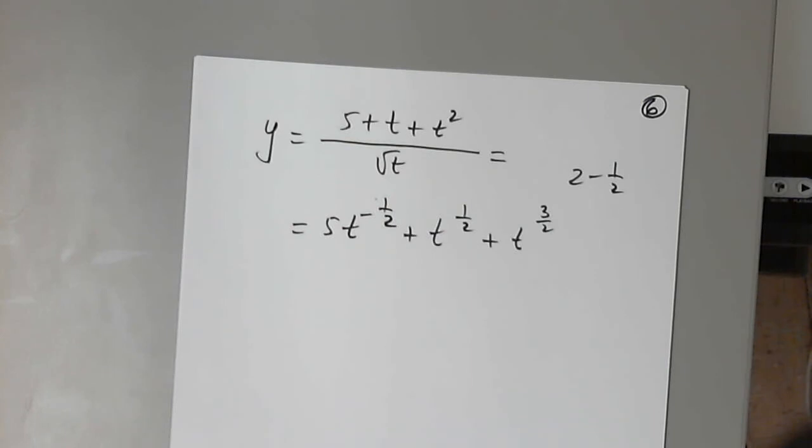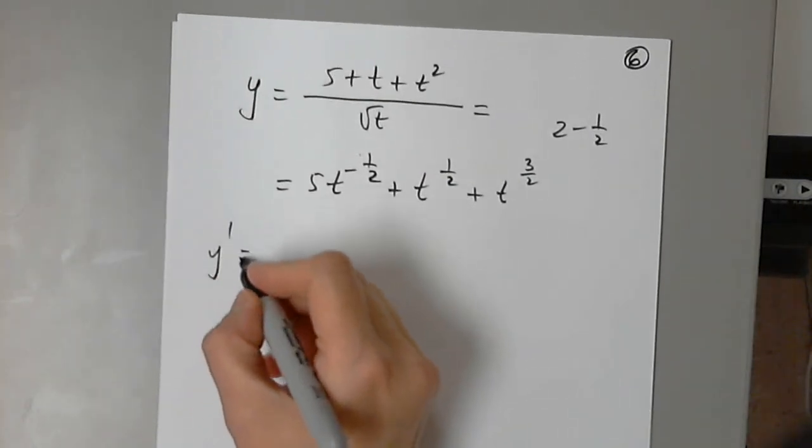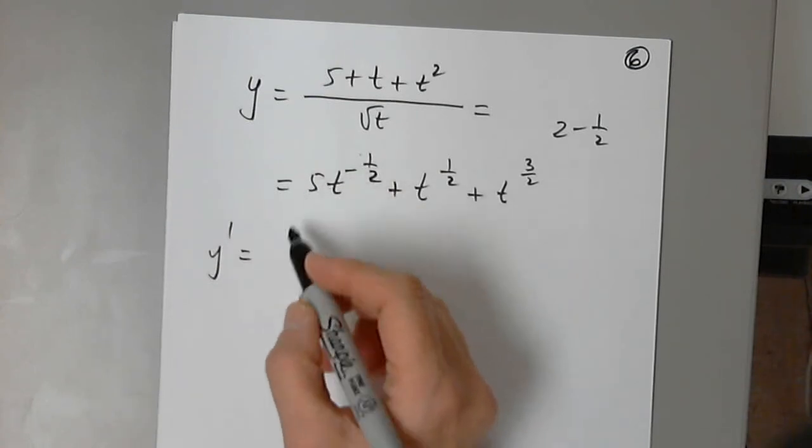So what I did was I separated the fraction into 3 fractions. And 5 over this becomes this. t over the square root of t becomes this, and t squared over the square root of t becomes that. Is that okay? And now we can differentiate. So y prime equals, bring down negative 1/2.